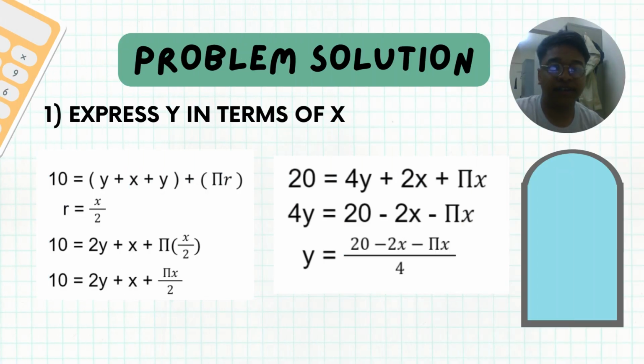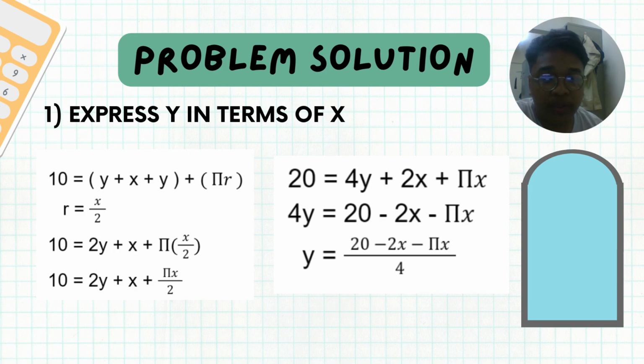The problem solution. First, we must express y in terms of x. So 10 equals y plus x plus y for the perimeter of the rectangle, plus pi r for the semicircular perimeter. r is equal to x over 2 because we use x as the diameter, so x must be divided by 2.